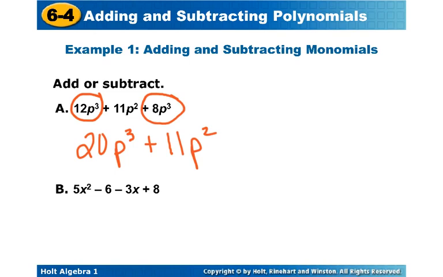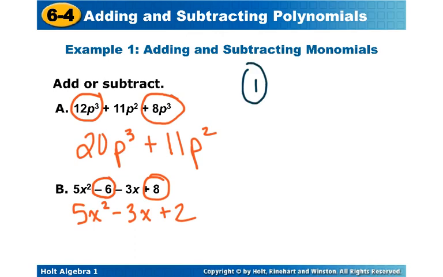If you look at letter B now, you have 5x squared minus 6 minus 3x plus 8. So you just have to combine the negative 6 and the positive 8. That's going to become 5x squared minus 3x plus 2. And there you have it. The one thing you want to keep in mind when you're working with these is you should combine your like terms first, and then write them in standard form.